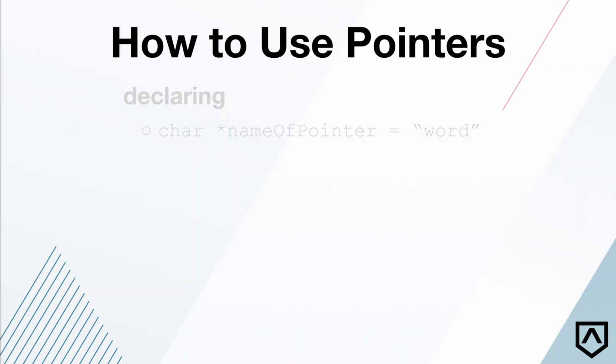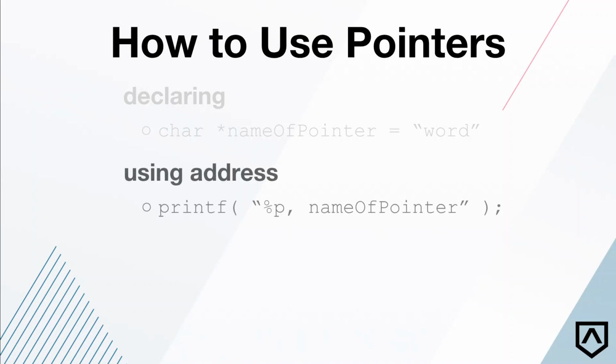Okay, so after we have declared a pointer, let's talk a little bit about how we can actually use the address. We might want to print out that address. When you're using printf with pointers, you're not printing out a string value, you're printing out a pointer value. So you want to use %p as opposed to %s. And you'll see that I did not include the star when I printed this out.